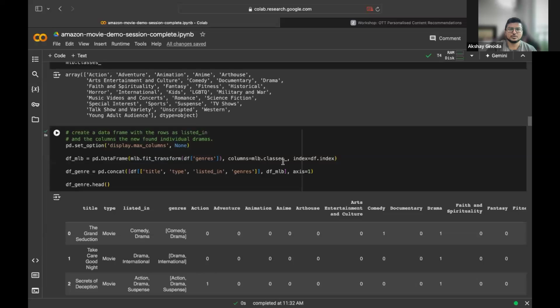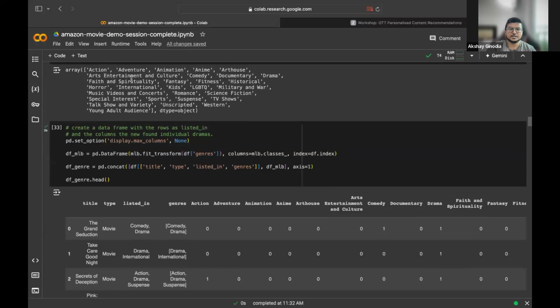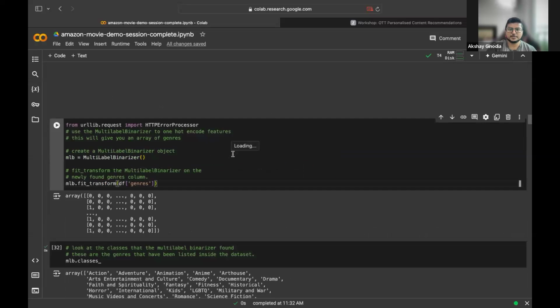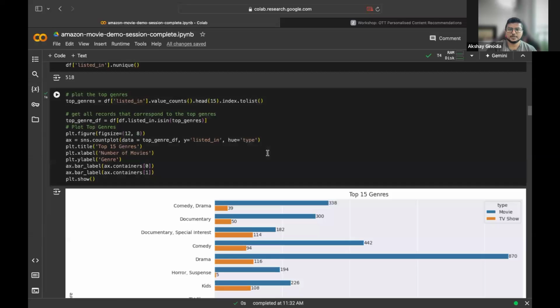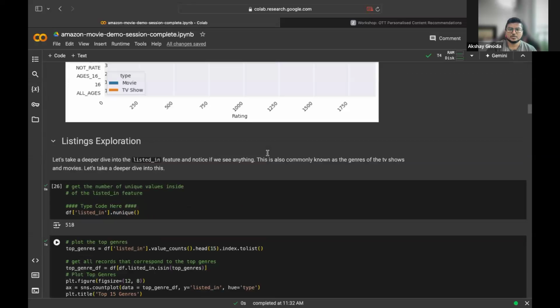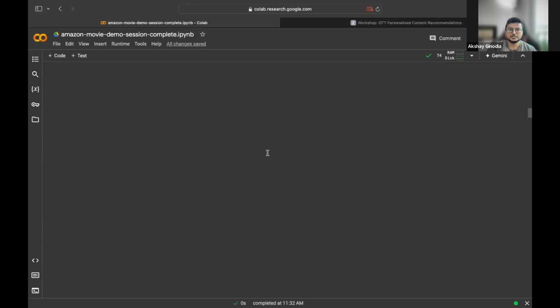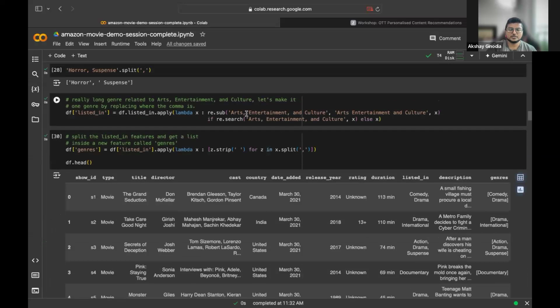So arts, entertainment, and culture, right? This is something that we used for creating a separate category in itself prior to getting the other categories. The operation that we actually did here is we removed the commas in arts, entertainment, and culture, because we wanted to create a separate category on it.